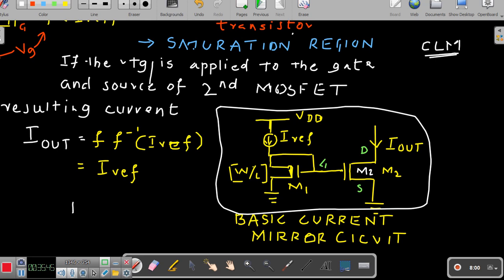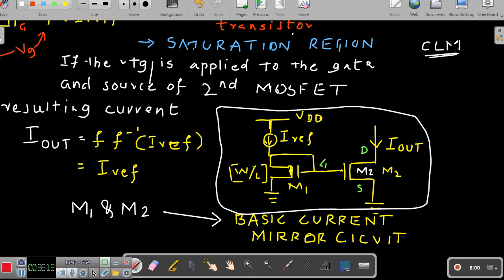M1 and M2 are called the current mirrors. So this is the basic concept behind the current mirror, copying the current from one circuit to another circuit.